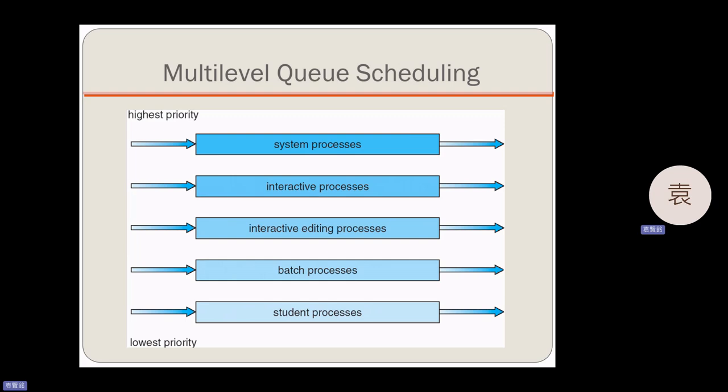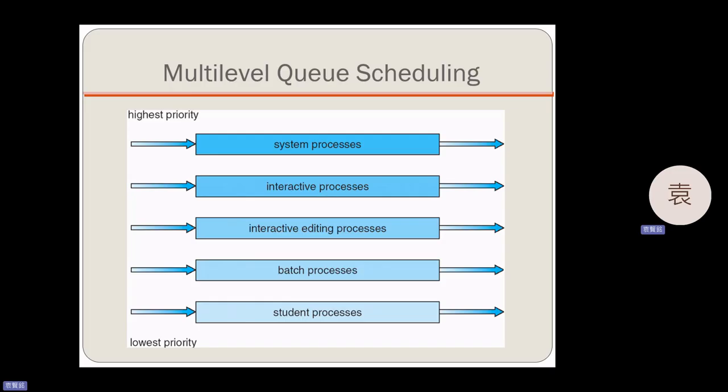Once the process has been assigned there, it just loops in that particular ready queue. After each CPU burst, you go to the I/O, and after finishing I/O, you go back to the original queue also. So the process will not move among these ready queues.